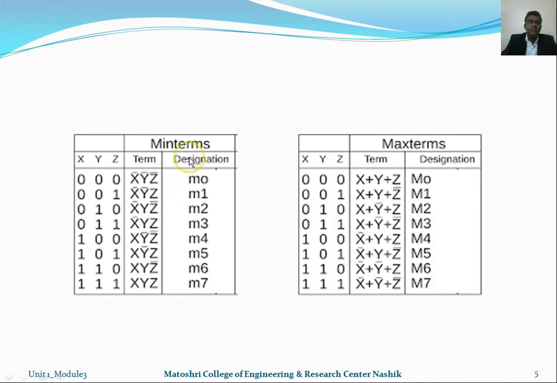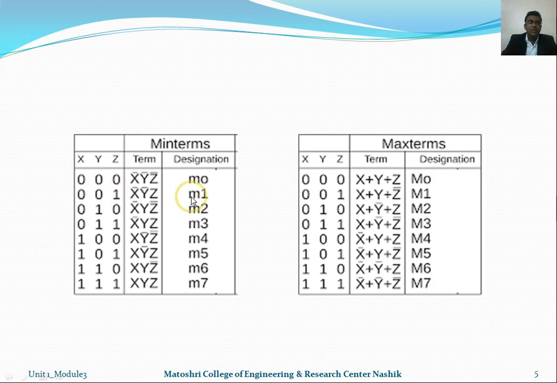In the designation of minterms, 0, 0, 0 indicates decimal 0. So small m indicates the minterm, and the 0 represents the designation of 0.